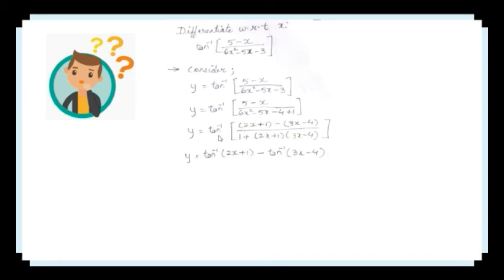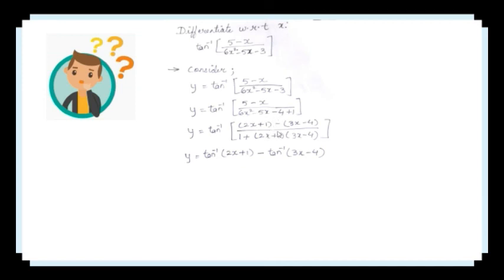y equal to tan inverse of, factors will be 2x plus 1 and 3x minus 4. So I have written in the form numerator tan inverse of 2x plus 1 minus 3x minus 4 upon 1 plus 2x plus 1 into 3x minus 4. When you multiply these two, you will get this quadratic equation, 6x square minus 5x minus 4.